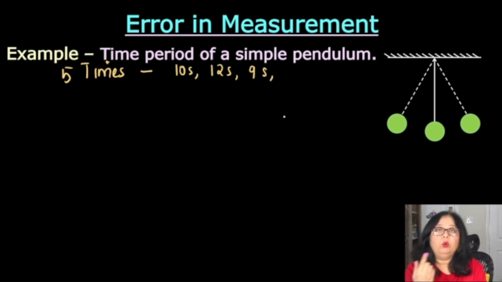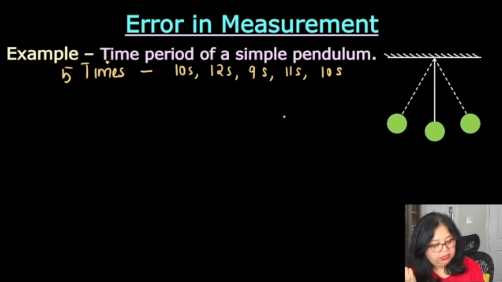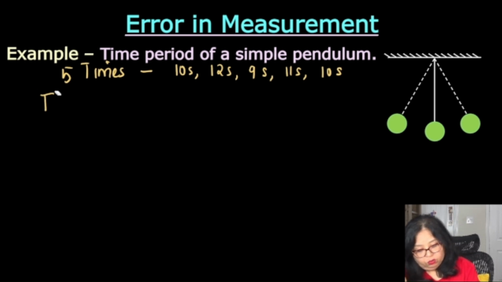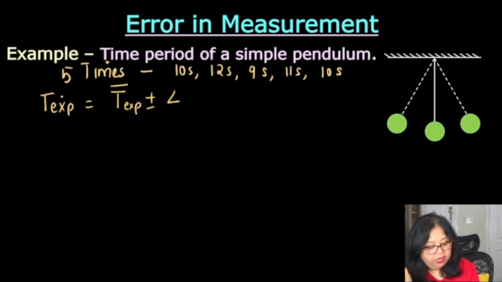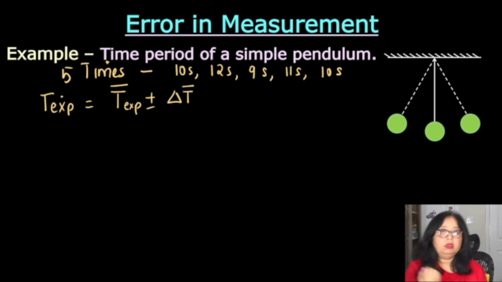We can measure only integral values, whole numbers, for the time period, and 11 seconds and another 10 seconds. So we are asked to find the experimental time period. That will be T bar experimental plus minus delta T bar.